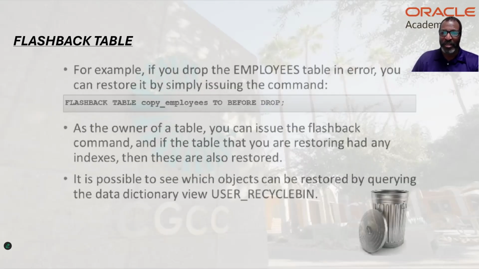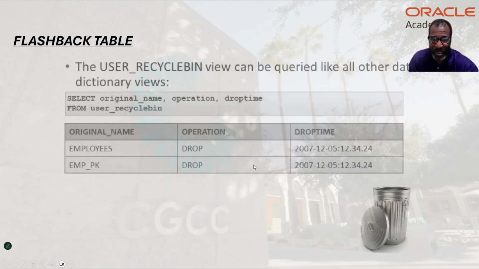When you run a flashback with these newer databases, the flashback table will work. Because it actually has a recycle bin, and in the data dictionary you can look at something that was dropped, you'll get the data and the structure of the data without any issue.